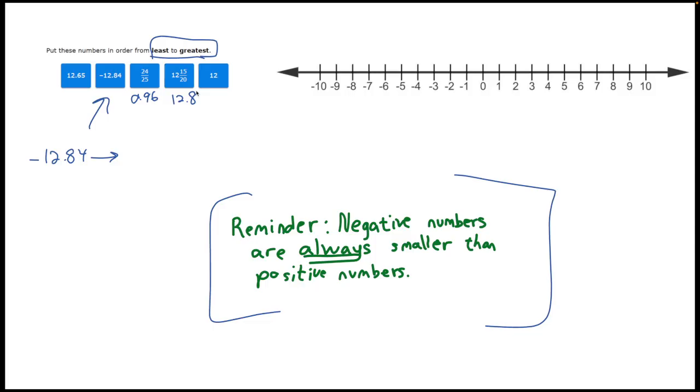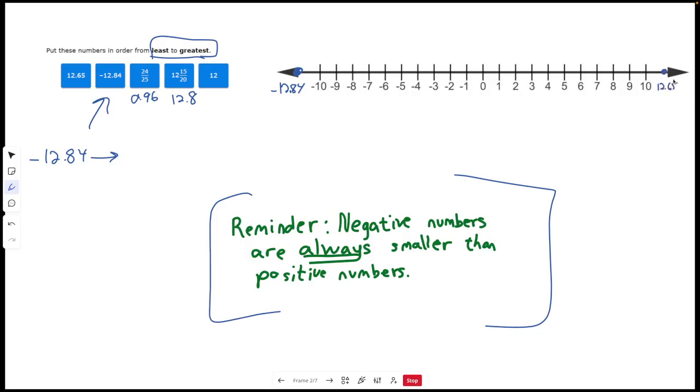So the next biggest number on the list, and actually, before we make the list, if you put them on the number line, this helps some people. So negative 12.84 would be somewhere out here. Then we've got 12.65 positive.